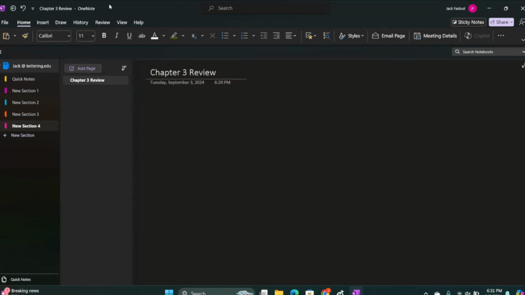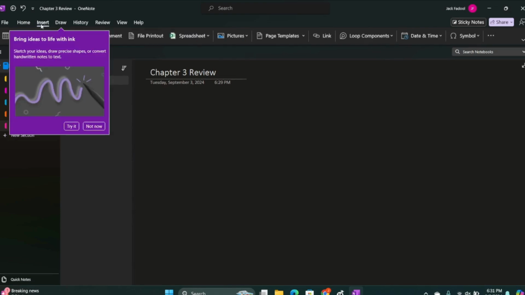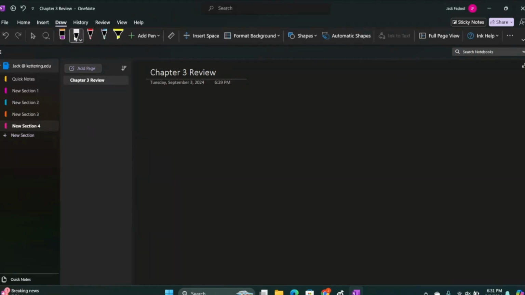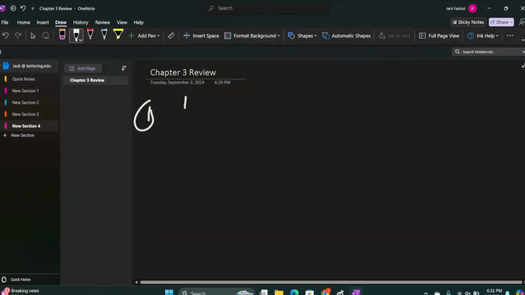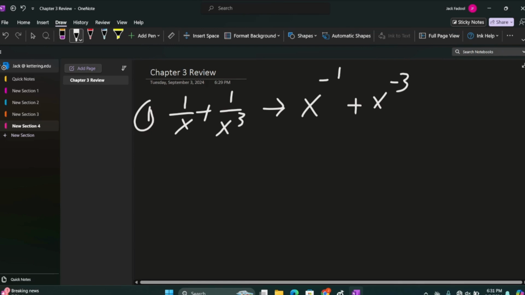So, to get started, we'll just dive right into it. Number 1, 1 over x plus 1 over x cubed. So, this is really just the same as x to the negative 1 plus x to the negative 3.